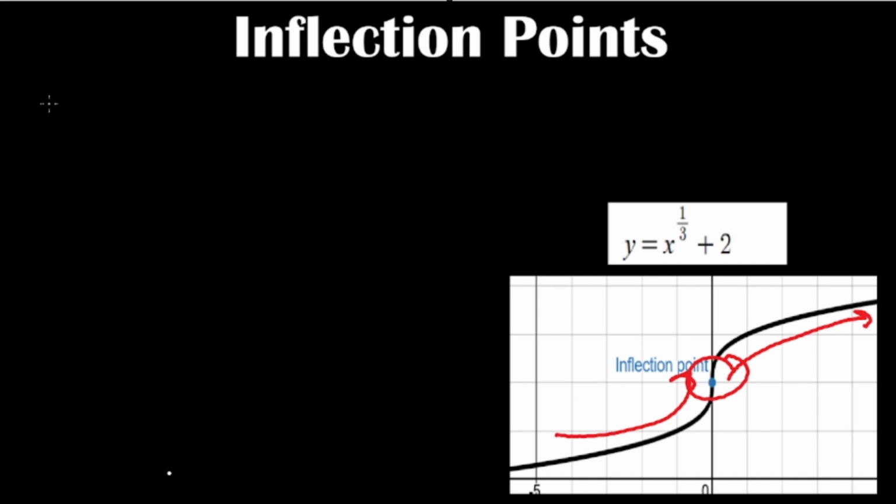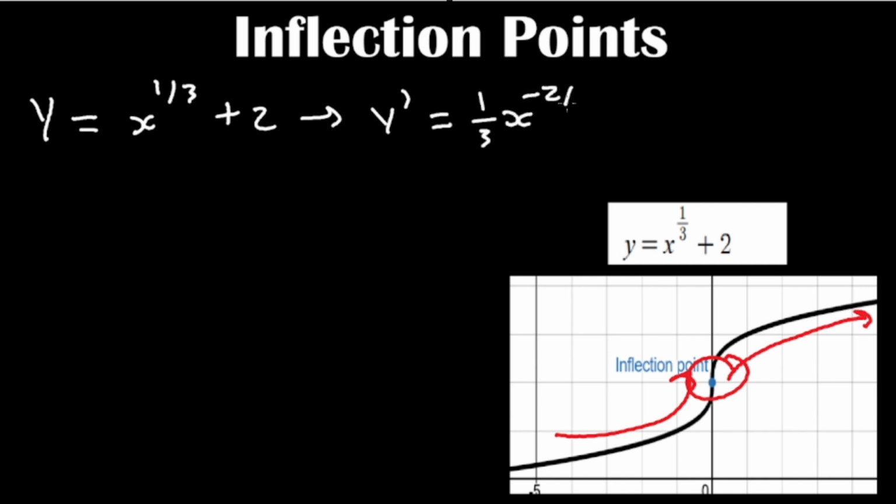Well, our function is given by x to the 1/3 plus 2. To get our first derivative, y prime, we just take a derivative. We get 1/3 x to the negative 2/3, and then that constant just goes to 0 when we differentiate it. Now, to get our second derivative, which is what we're going to test, we just differentiate y prime.